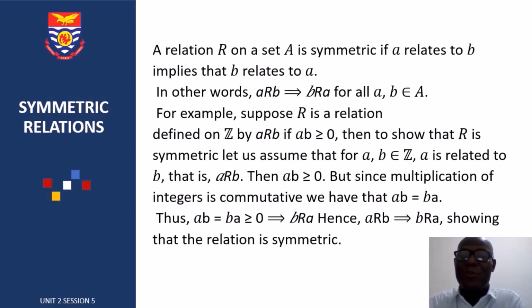But since multiplication of integers is commutative, we have that ab is equal to ba. Thus, ab equals ba, which is greater than or equal to 0, implies that b is related to a. Hence, a is related to b implies b is related to a, showing that the relation is symmetric.